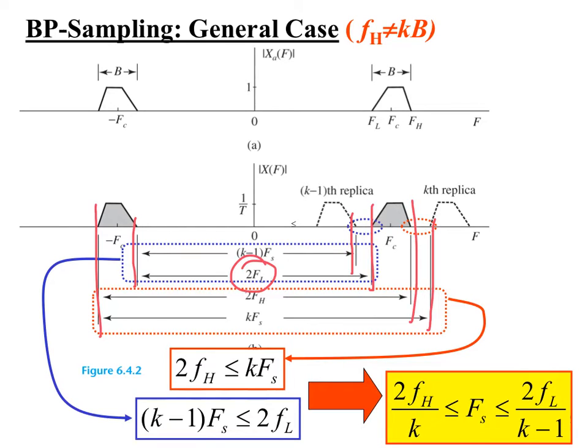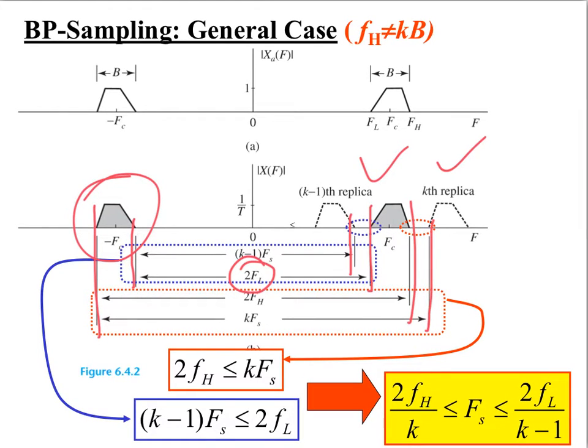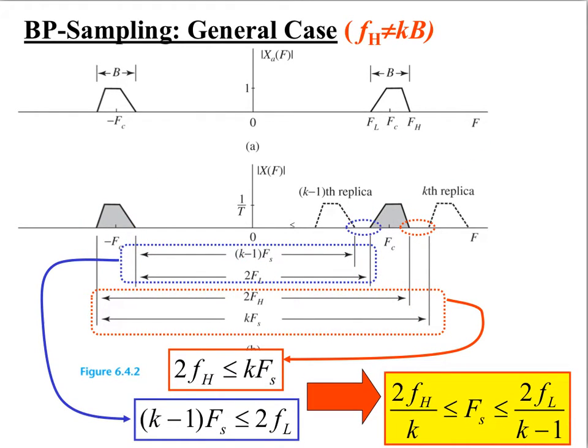Using those four distances, all measured relative to this up to various points up here, we can determine the requirement that we need for this replica and this replica not to overlap this replica, which is the following.